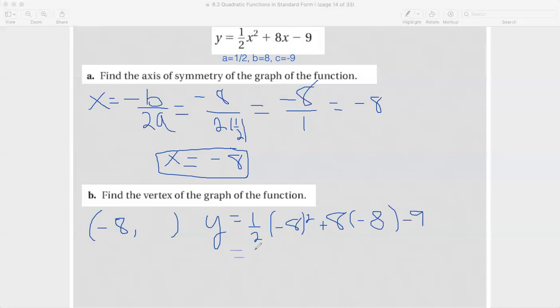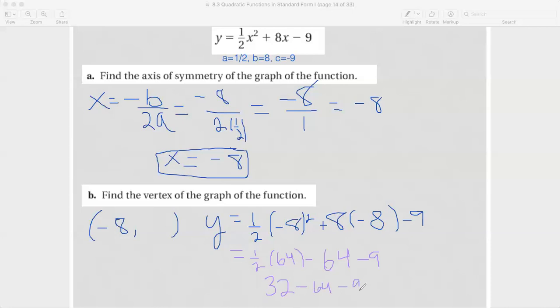So y equals 1/2. Now -8 squared is a positive 64. And then 8 times -8 is minus 64. And then a minus 9. So half of 64 is 32. Minus 64.